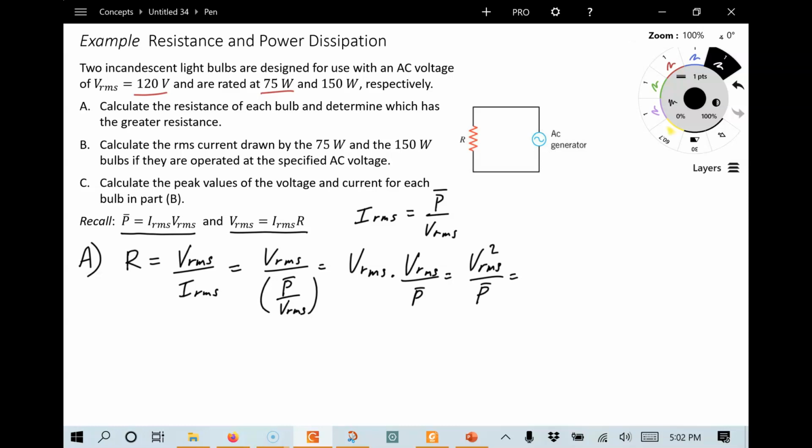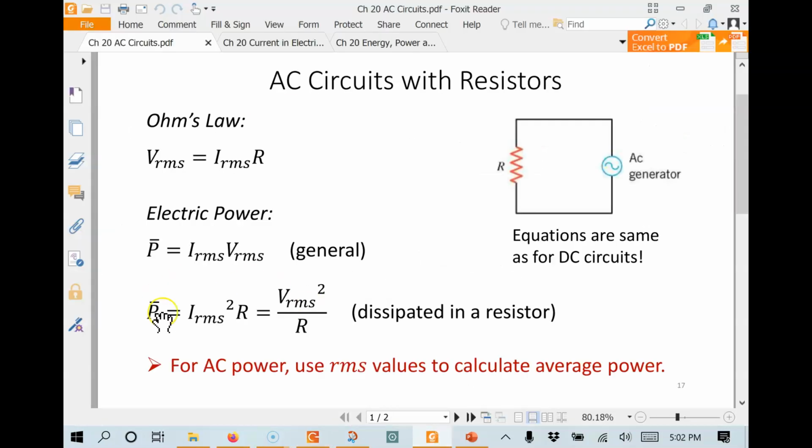So this gives us another way to look at this. And in fact, if we go back, notice how by doing substitution we can get these various equations for the average power. Any of these three you can use.